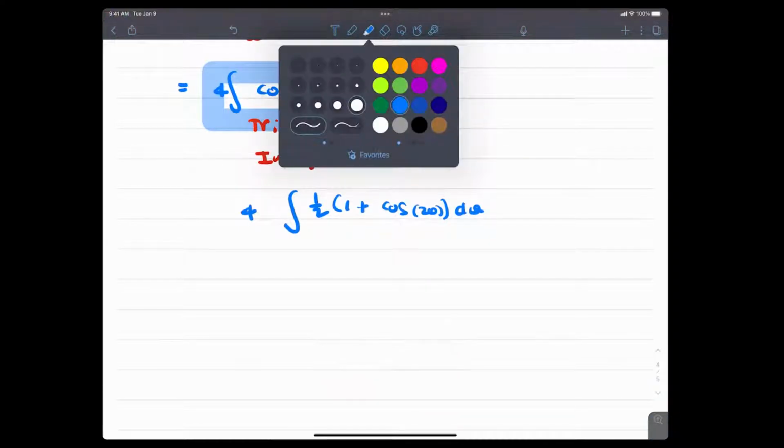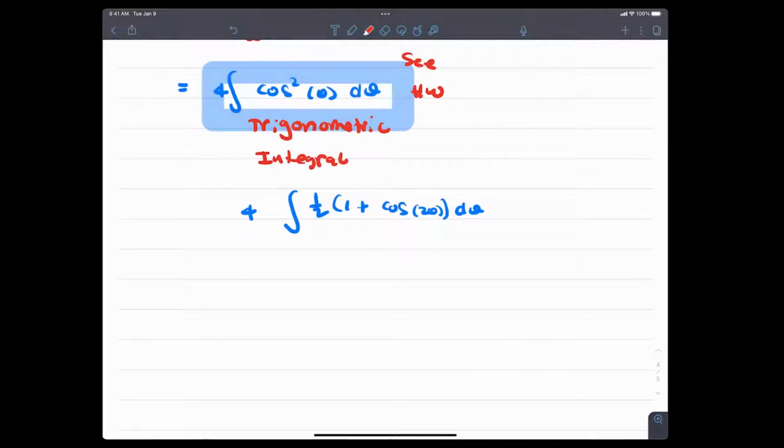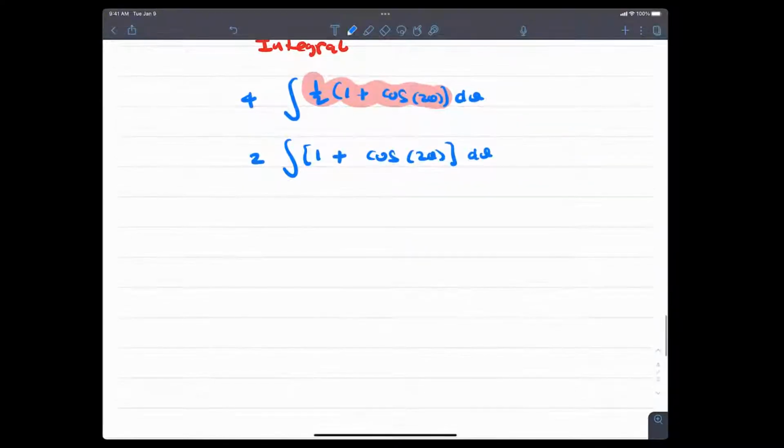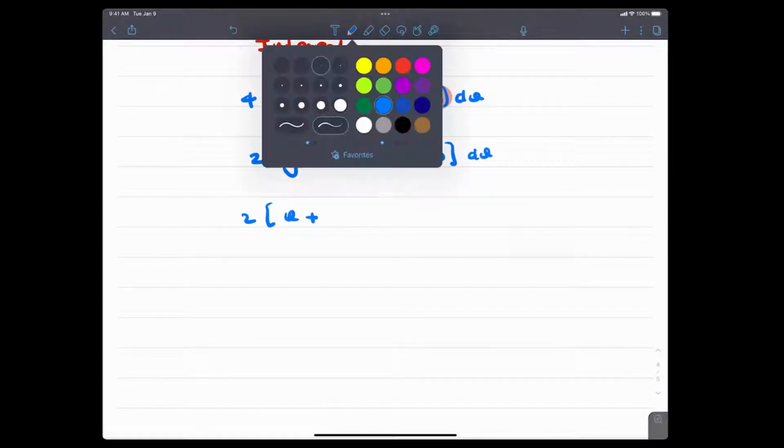So let's go back. This is the identity. And then pull out that 1/2. That just gives you a 2. 1 plus cosine what? Double theta, right? So you get 2 now. This will be theta plus, this will be a u sub.